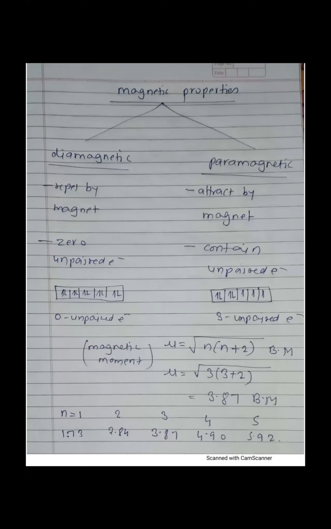That's why cobalt will be a paramagnetic substance. No issue, my friends, just calculate the unpaired electrons, whether it is half filled or partially filled. Substances which contain even a single unpaired electron will be paramagnetic. Is this clear to everyone?